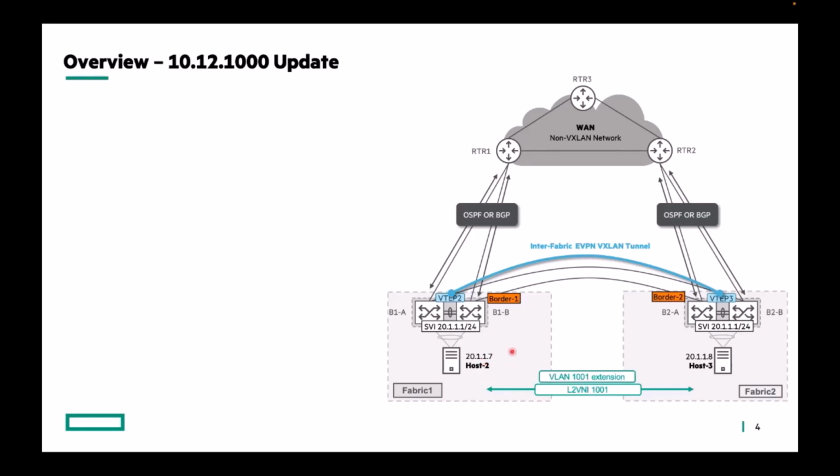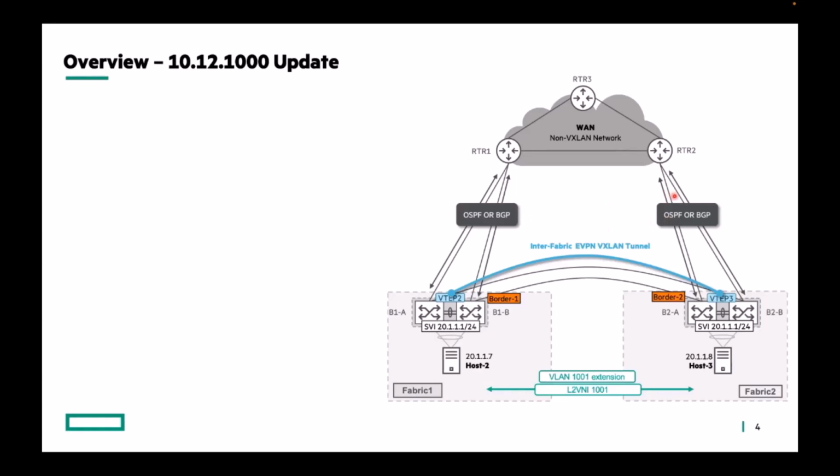Now we are talking about this feature because we want to send these hosts' information to the external WAN network, which is in fact a non-VXLAN network. We are doing that either via OSPF connectivity between router 1, which is the WAN router of Fabric 1, and the border VTEP, or via BGP between them, either one, depending upon the requirement.